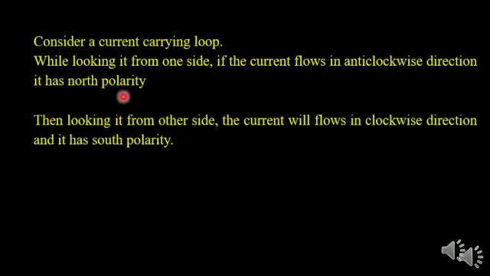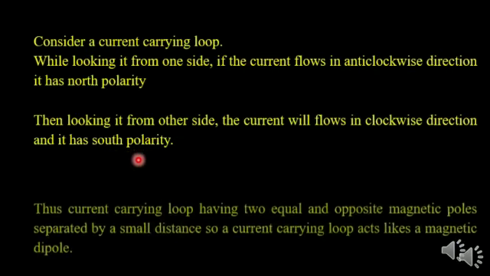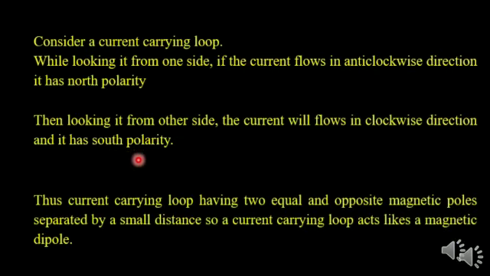Then looking at it from the other side, the current flows in clockwise direction and it has south polarity. Thus, a current carrying loop has two equal and opposite magnetic poles separated by a very small distance, so a current carrying coil behaves like a magnetic dipole.